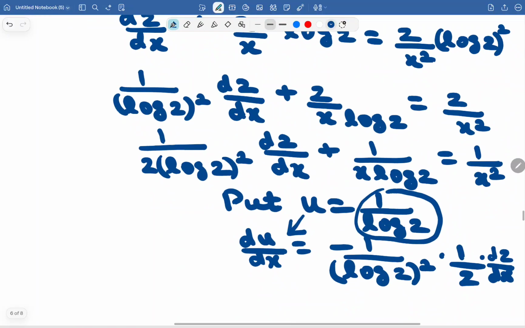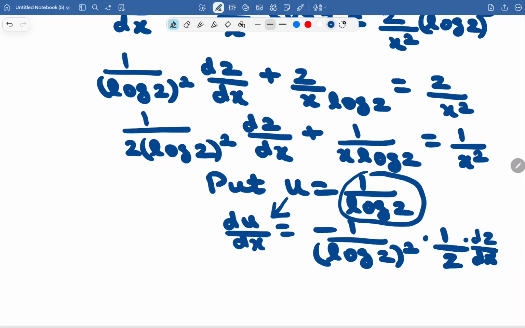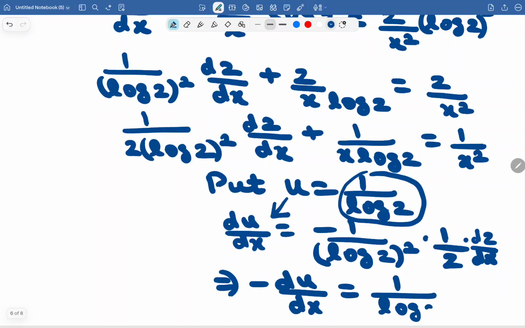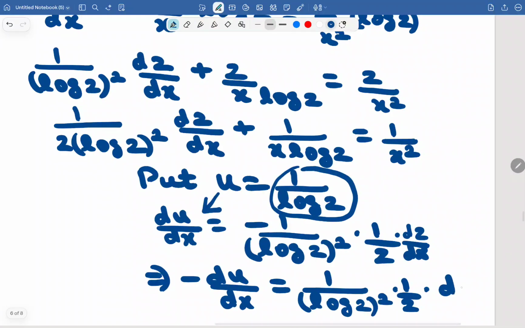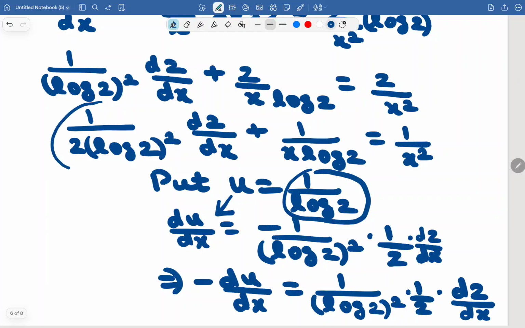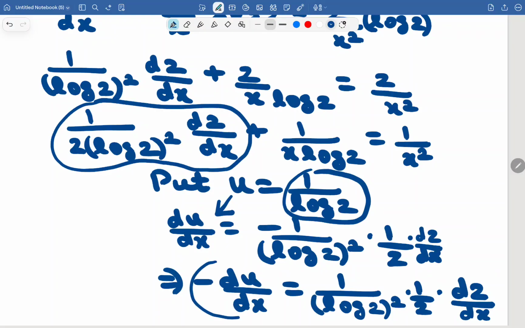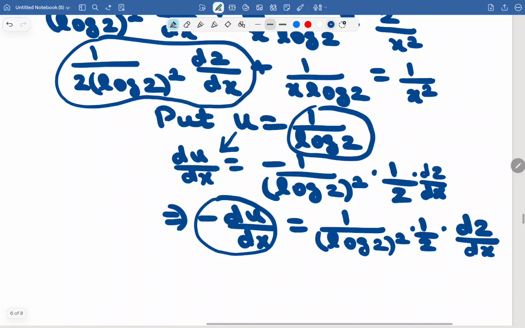Chain rule. Which implies minus du by dx is equivalent to 1 by log z the whole square into 1 by z into dz by dx. So this term, 1 by z log z whole square dz by dx, is nothing but minus du by dx.